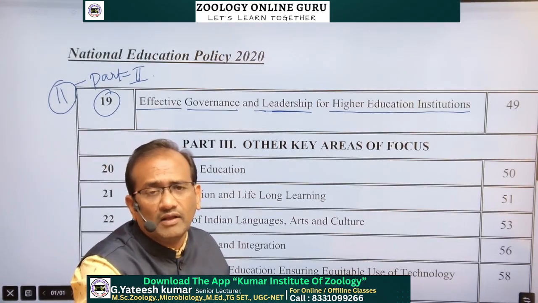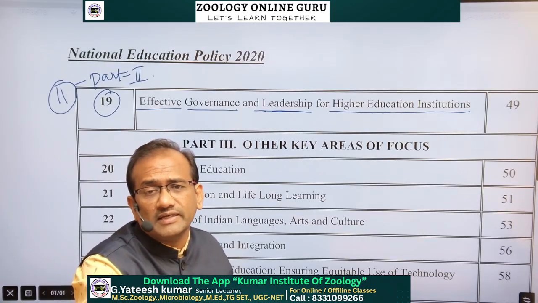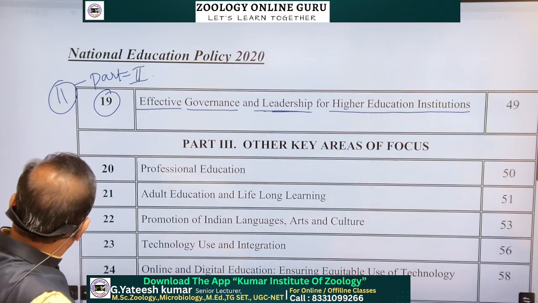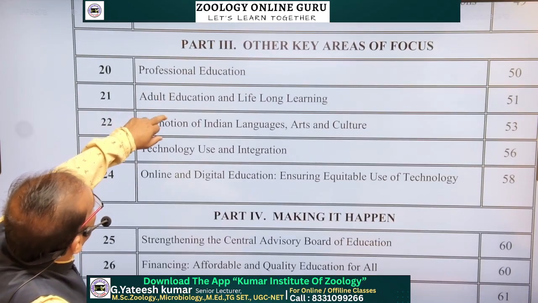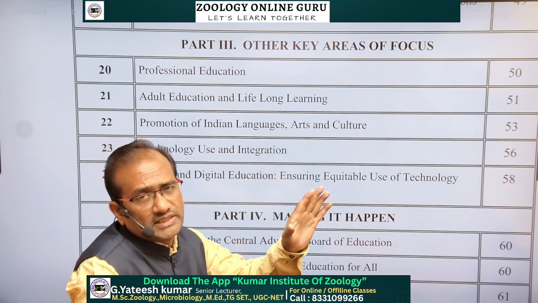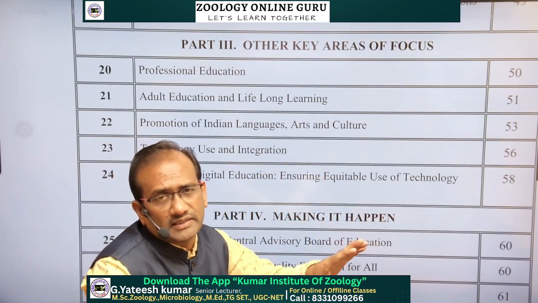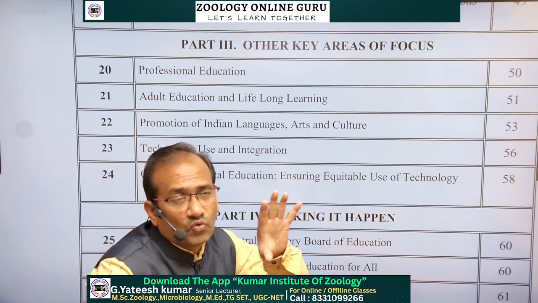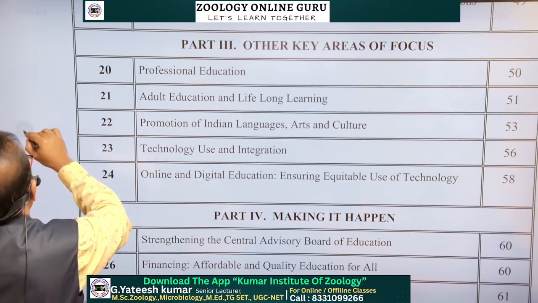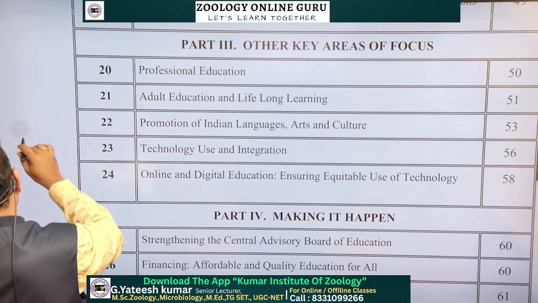After 19 we have part 3, which deals with other key areas of focus. So school education, then higher education, then the other areas to focus. That is here with the 20th chapter.